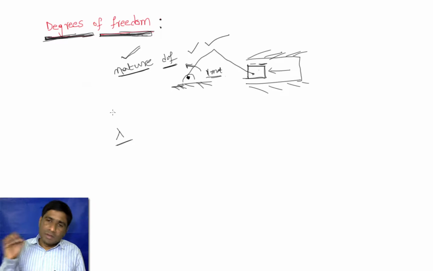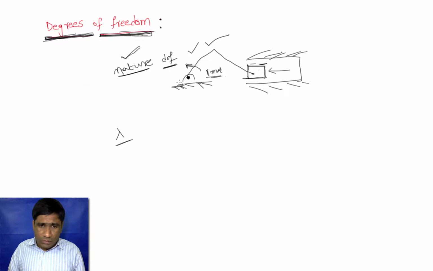Nature means whether the degree of freedom is a translational motion or a rotational motion. But we don't go into detail here in this chapter, because our main focus is only on planar mechanisms. That's why we need to know the degrees of freedom of any mechanism, so that we can use that particular mechanism in an appropriate application.